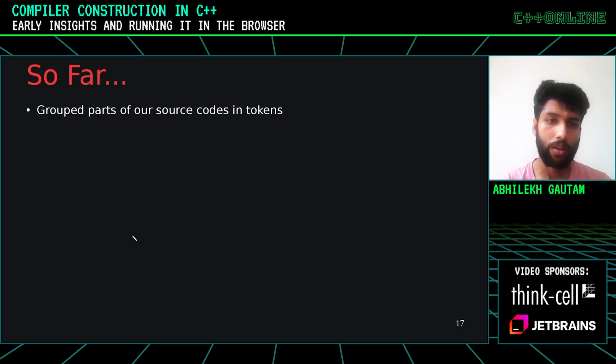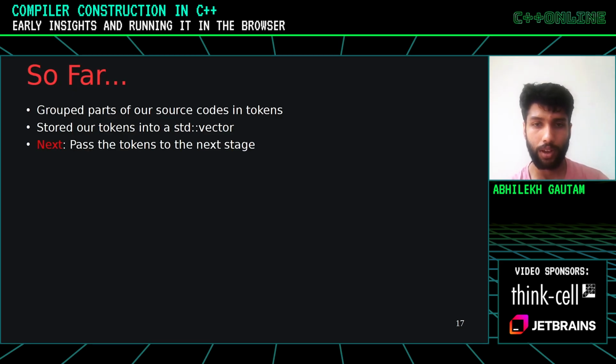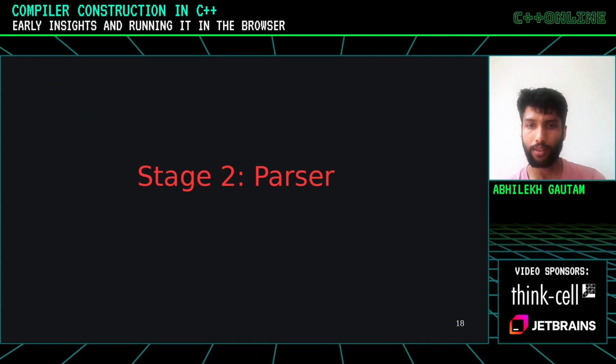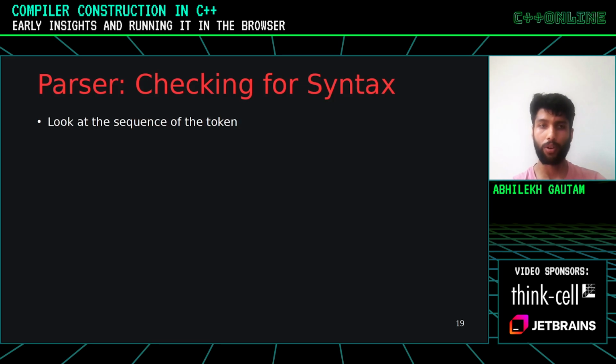So far, the Lexer grouped source code into tokens, and we just store those tokens into a vector, and then we pass the tokens to the next stage of the compiler. And the next stage is a parser. The main task of a parser is to check for the syntax of the program, right?